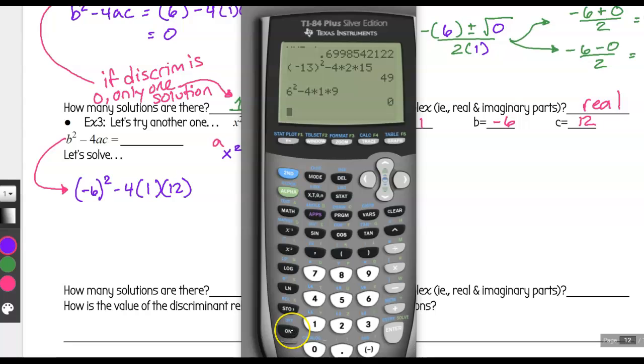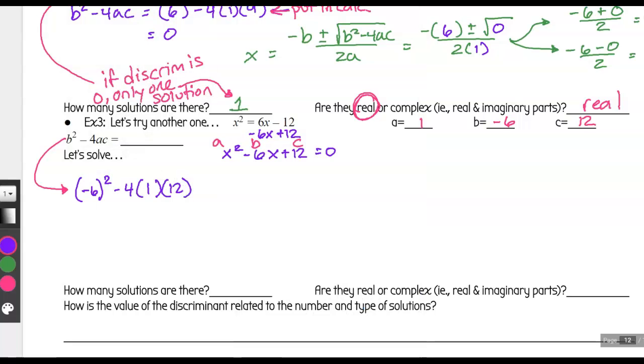Put in the calculator. Negative 6 squared minus 4 times 12. Negative 12. This is where we have an uh-oh moment.